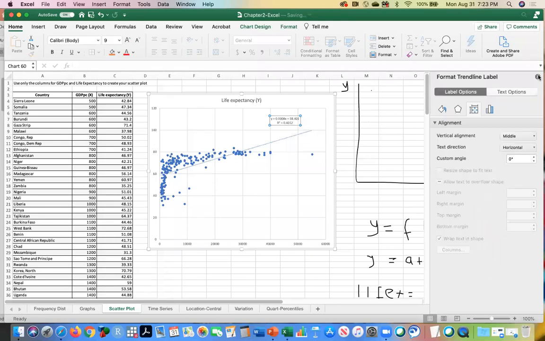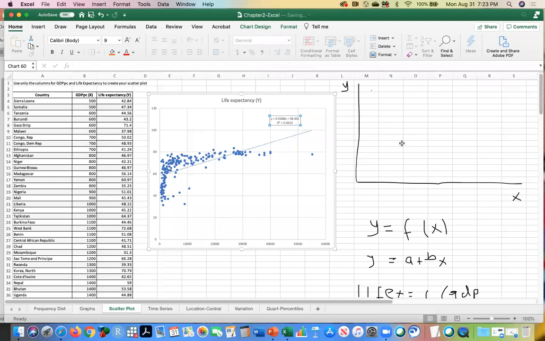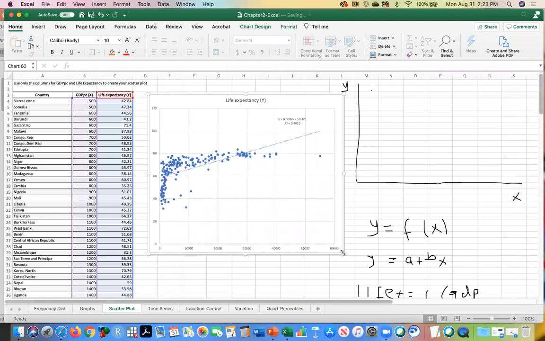Because this has a positive number, the slope is positive, the y-intercept occurs at 58, and the R squared tells me something that I will use in another lecture.